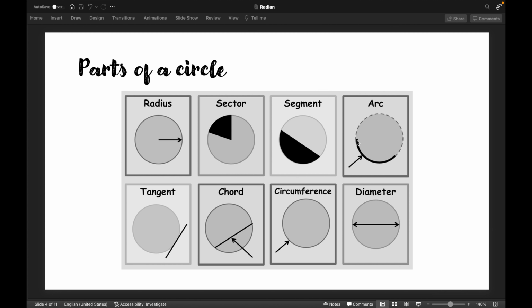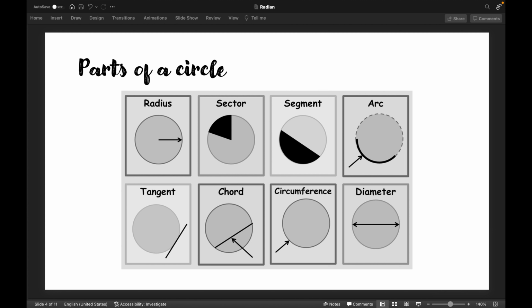Similar to how we have a major sector and a minor sector, we also have a minor arc and a major arc. If the arc measures less than 180 degrees, then it's a minor arc.